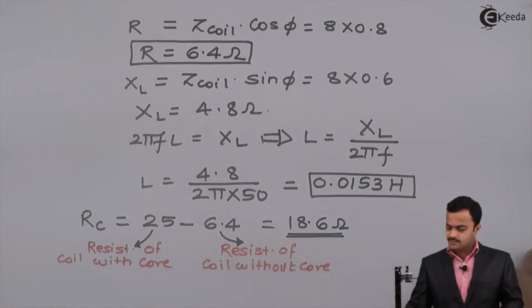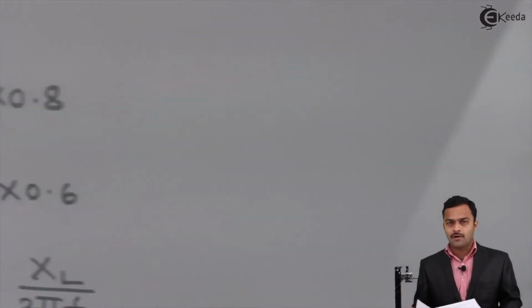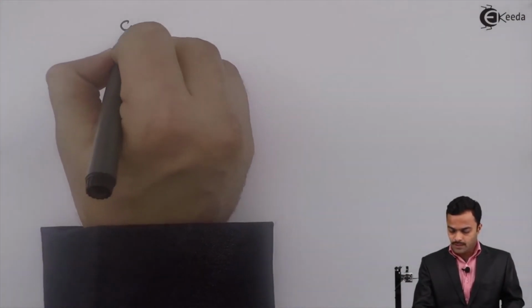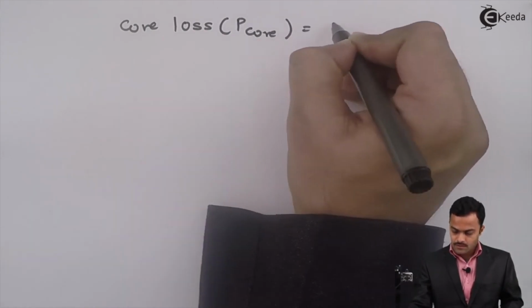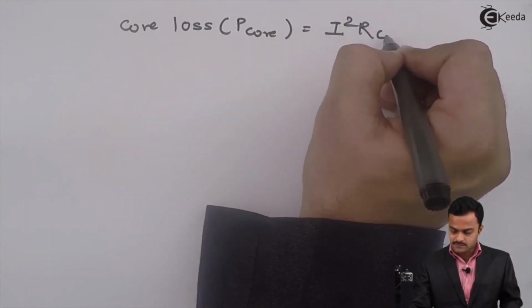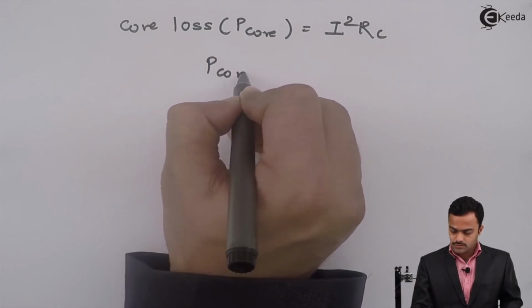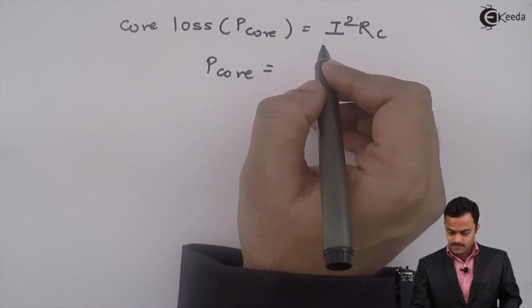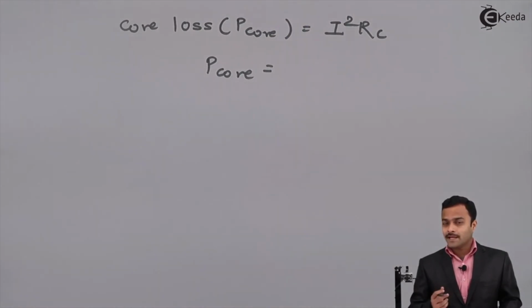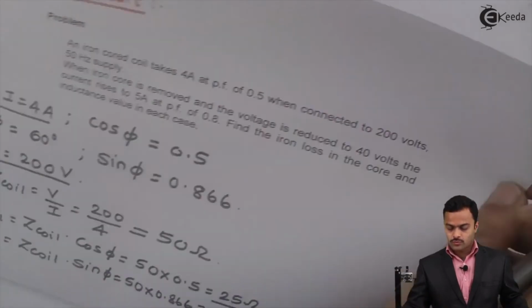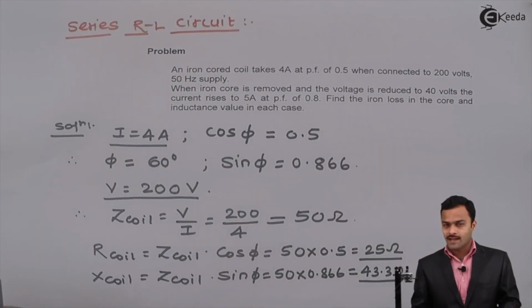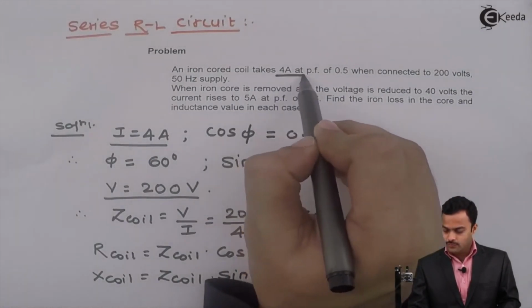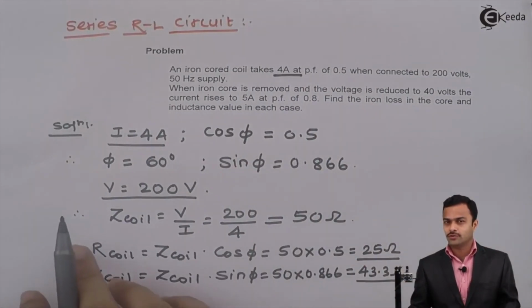Once you obtain that, core loss is nothing but a power loss, which we can obtain as I square RC. And when am I getting a core loss? When core will be in place. So is it scenario 1 or 2? Obviously it is scenario 1, and in scenario 1 current is 4 ampere. So this thing you have to remember.